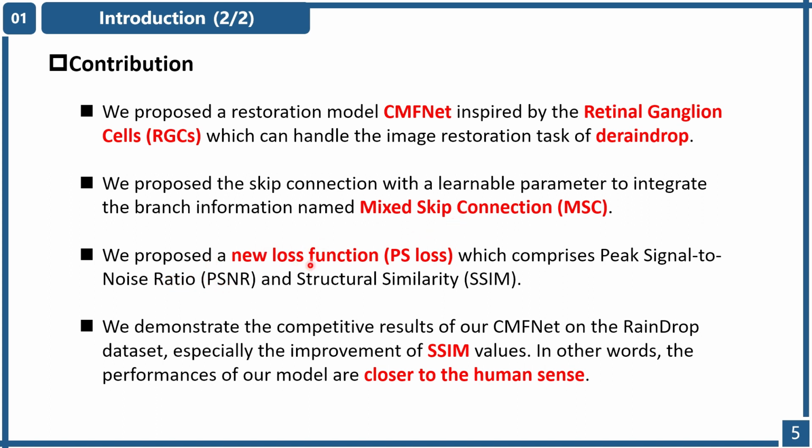Third, we present a new loss function, which we call PS loss, that combines peak signal-to-noise ratio (PSNR) and structural similarity (SSIM) metrics. Lastly, our CMF-net exhibits competitive performance on a raindrop dataset, particularly in improving SSIM values. This suggests that our model's performance aligns closer with human vision perception.